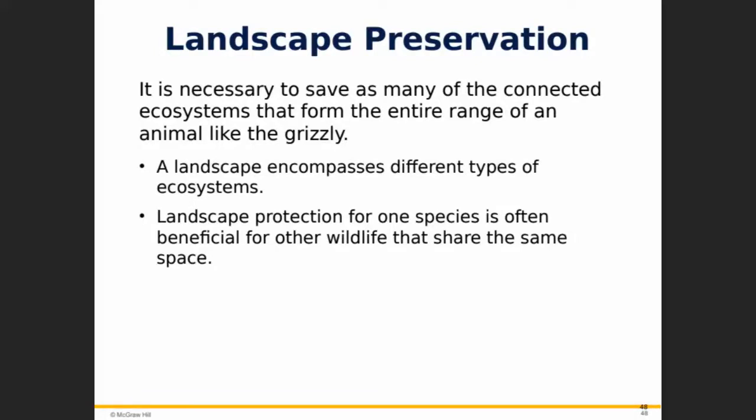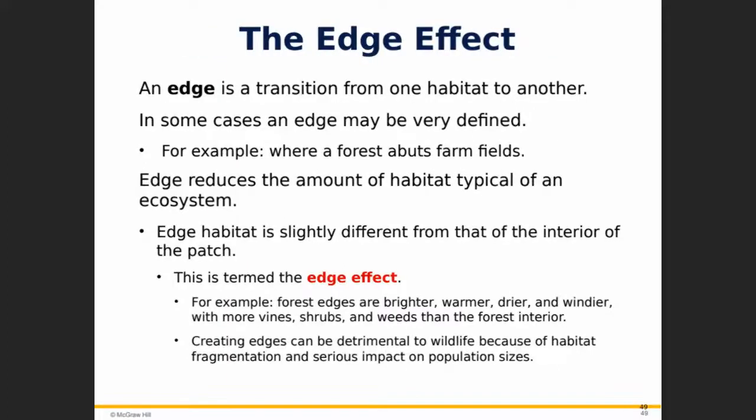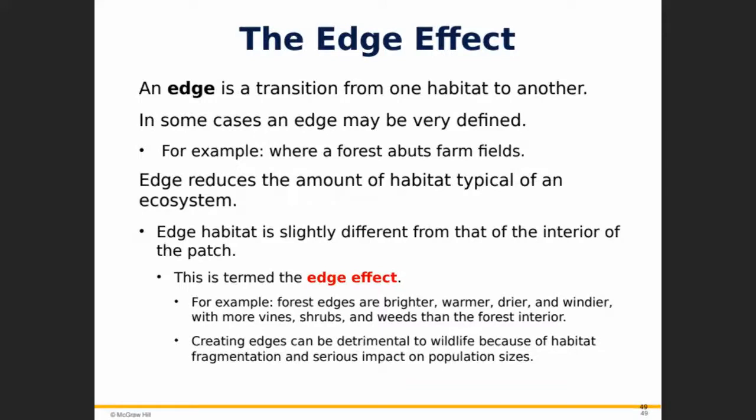What is the edge effect? It's a transition from one habitat to another. In the case of land development, an edge may be very defined, as when a forest abuts farm fields.